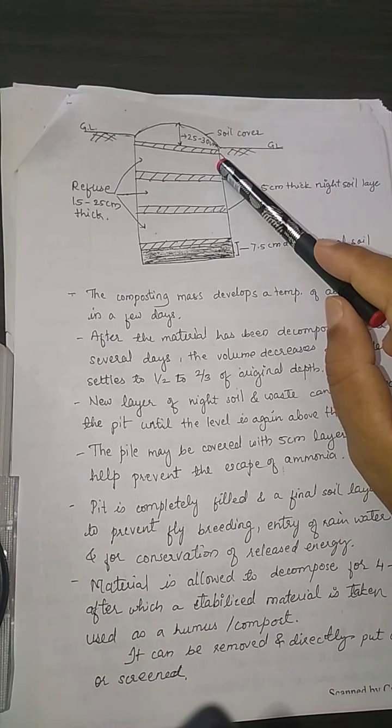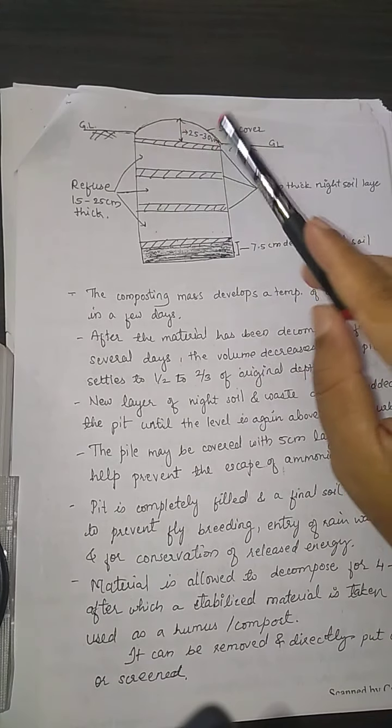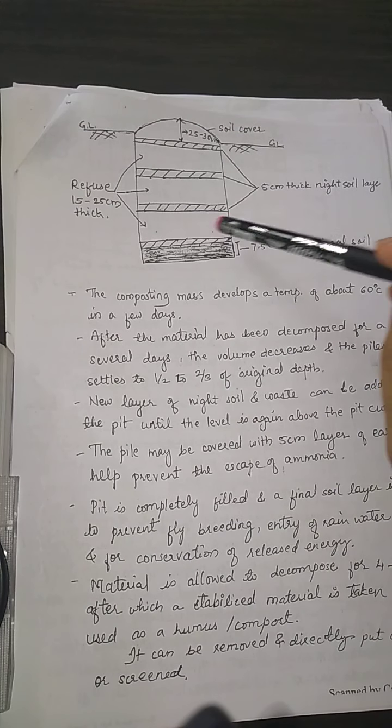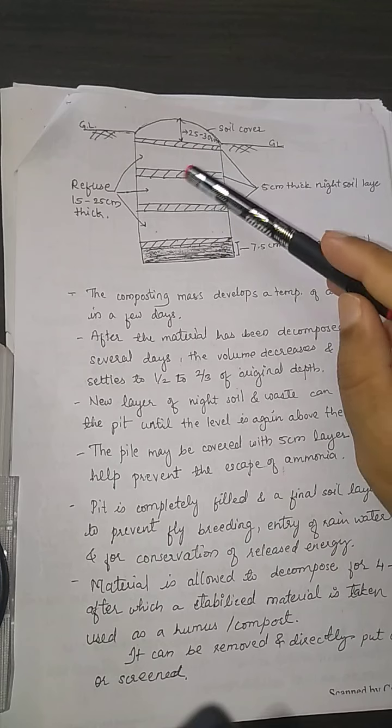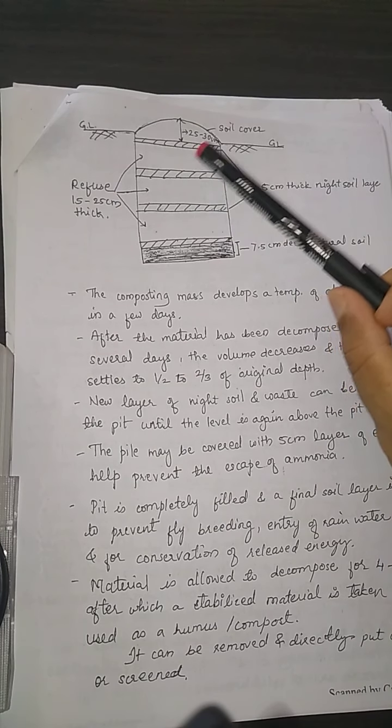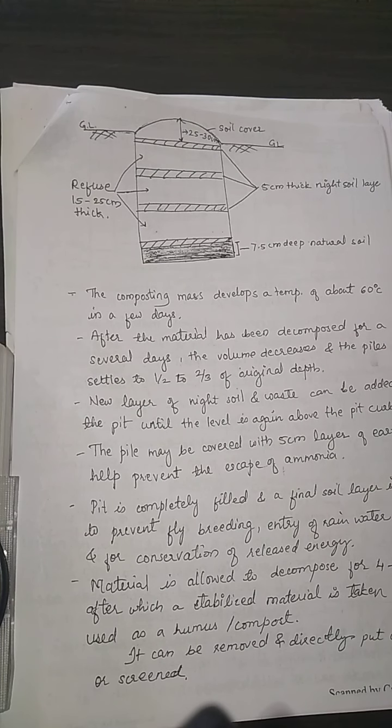Whenever we keep it above ground, we should cover it with a soil cover of around 25 to 30 centimeters, the refuse thickness should be around 15 to 25 centimeters, and the night soil should be around 5 centimeters thick. If we keep it like this without disturbing it for 4 to 6 months, we are going to get a good amount of manure, and it is also going to produce methane, in the case of anaerobic decomposition or anaerobic composting.